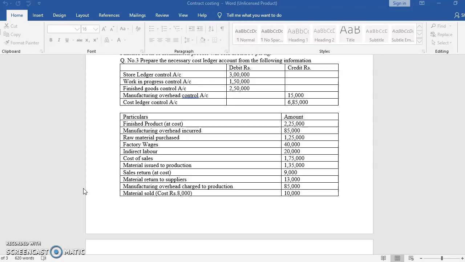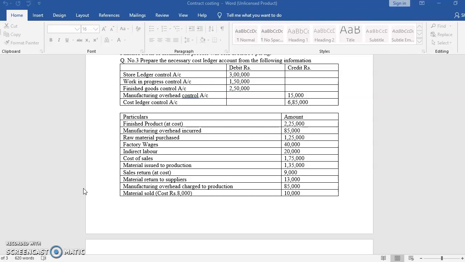Now what will be the second effect? On the wages control account, write down on the debit side to cost control account, again the same amount, 60,000. Now this 60,000 has come to wages control account. You have to transfer this 60,000 in two slots: direct wages will be transferred to WIP and indirect wages transferred to manufacturing overhead account.